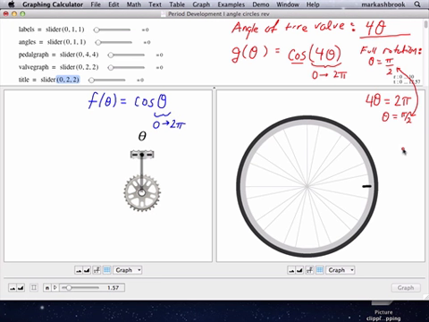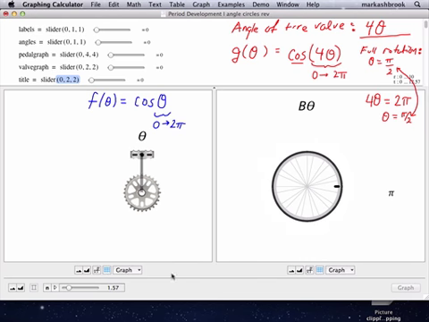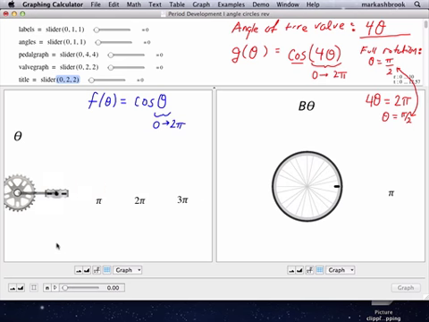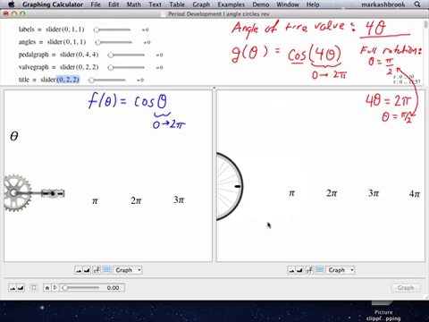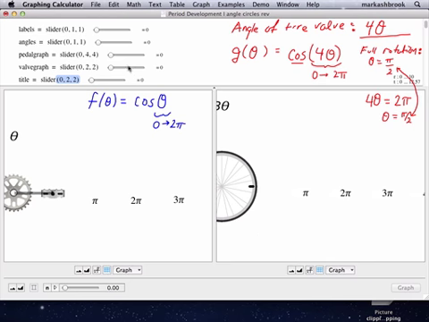Does it make sense? Okay, so then let's talk about what, so if I were to graph f, can you sketch f?